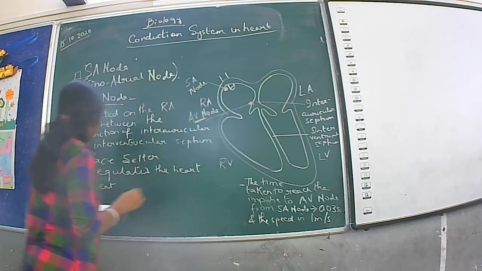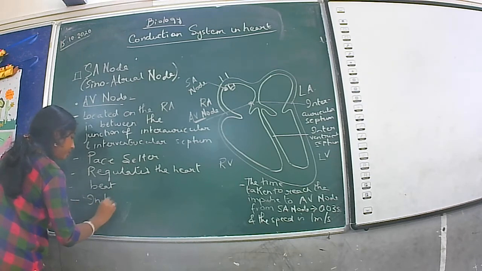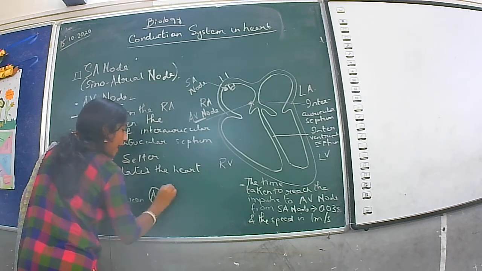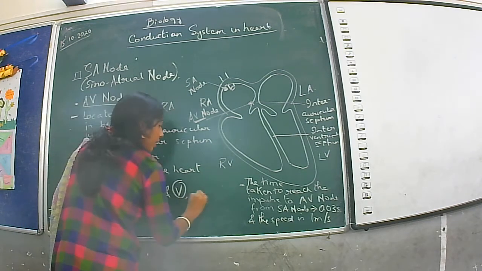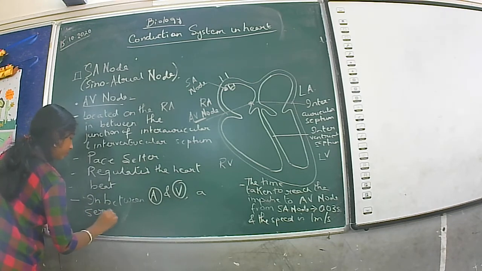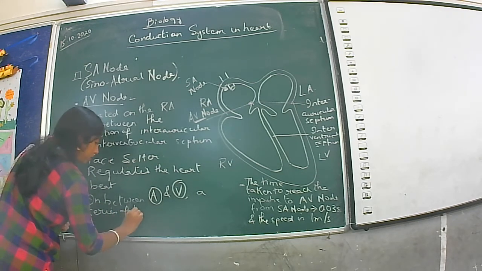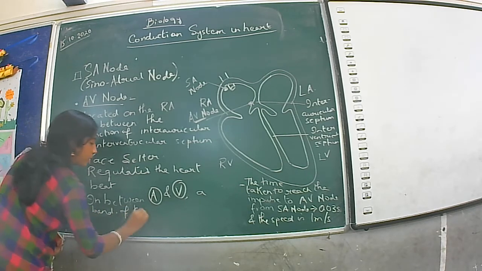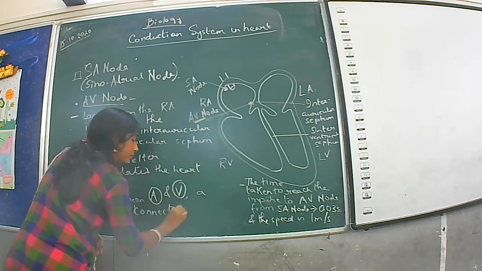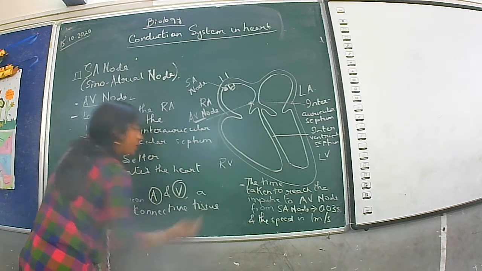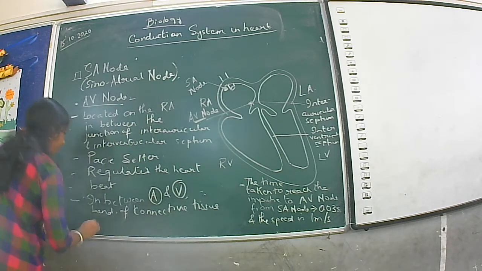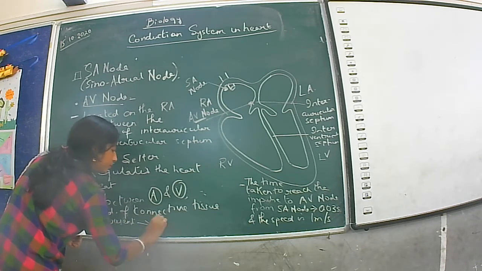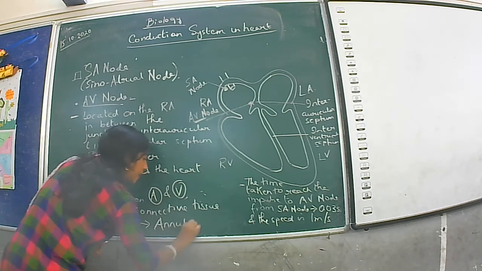I'm going to write it down: in between auricle and ventricle, a series of band of connective tissue is present, and this is known as annular pad.